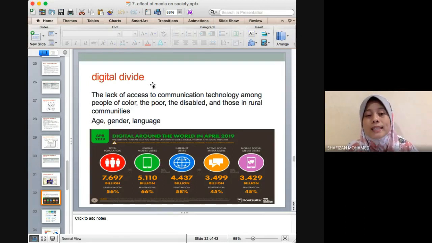But now with digital media, it is those people who have better access to digital technology that have better privilege. Can you understand? The lack of access to communication technology among people of color, the poor, the disabled, and those in rural communities. Those who have technology will become more privileged over those who do not have the technology.